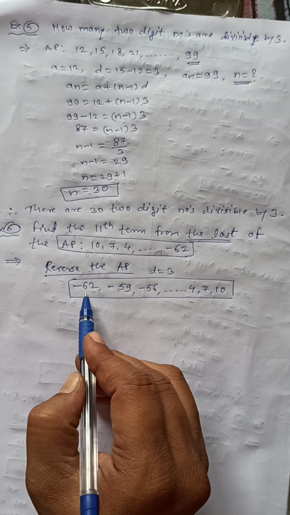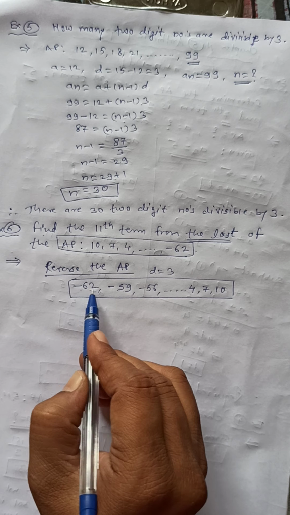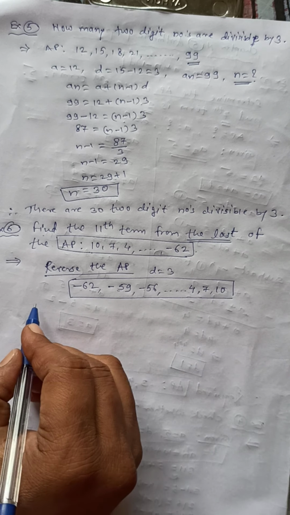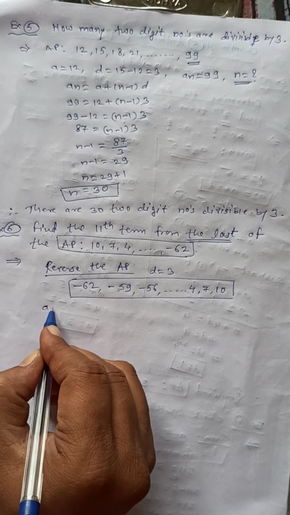Now the reverse AP will be minus 62, minus 59, minus 56, up to 4, 7, 10.